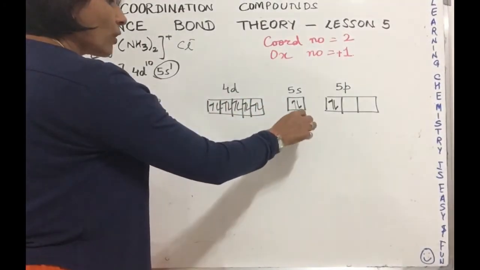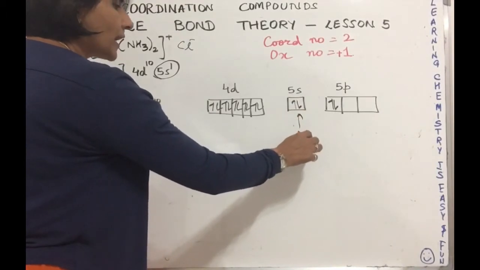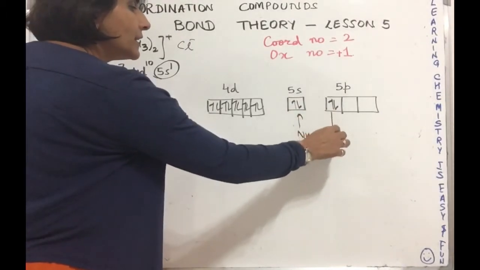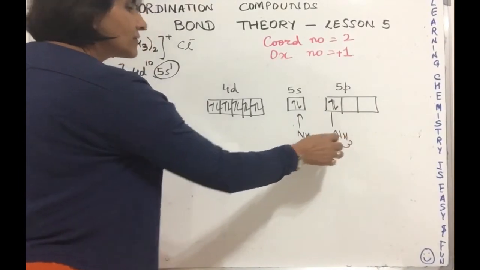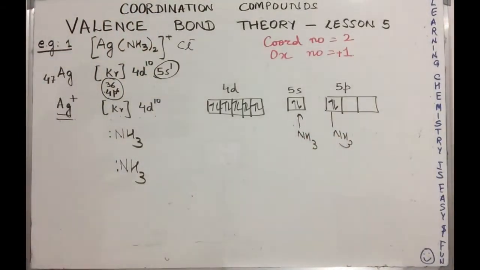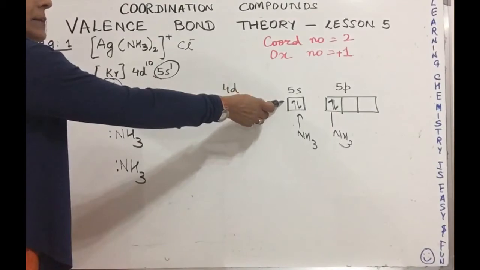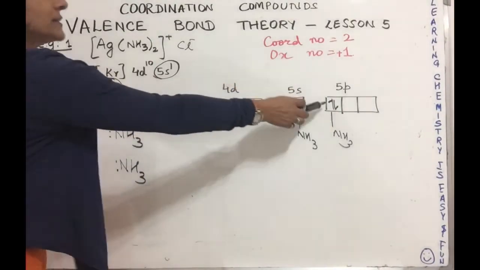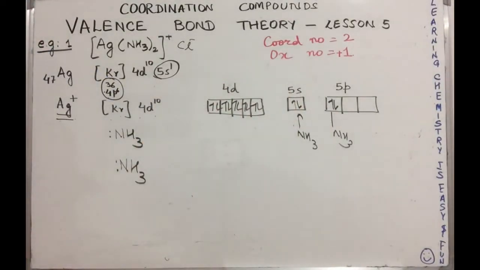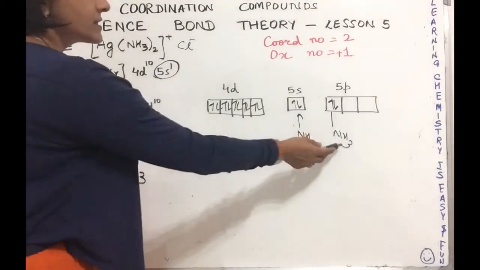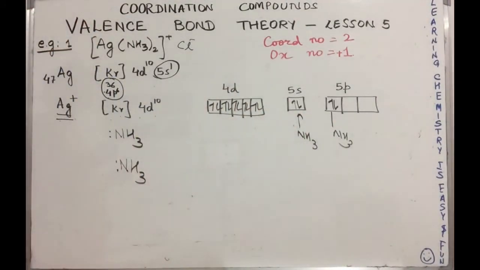So the energy of this bond between silver and ammonia and the energy of this bond between silver and ammonia will be different. Why? Because here we are talking about the s orbital, whereas here the overlapping is with the p orbital. But experimentally it has been observed that the energy of both the bonds is the same. So the situation is the same. There is a guest who's come to the house. We need to do a reorientation.